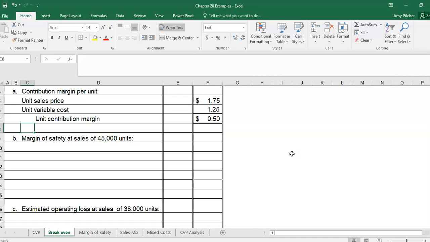Part B says, what is our margin of safety at sales of 45,000 units? Our sales revenue at 45,000 units would be 45,000 times our sales price of $1.75 per unit.